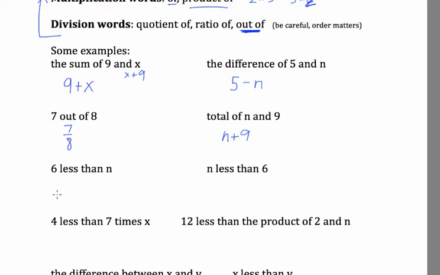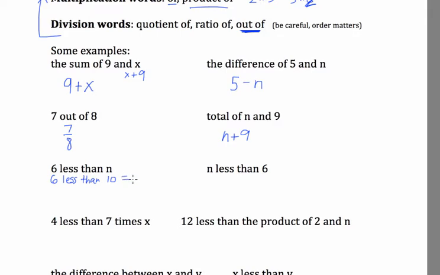6 less than n or n less than 6. Those are not the same thing. Subtraction is not commutative. 6 less than n. This is a tricky one. Let's think of this in numbers first. What if you said 6 less than 10? What is 6 less than 10? 4, right?